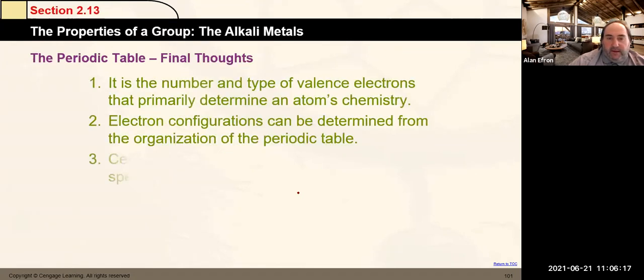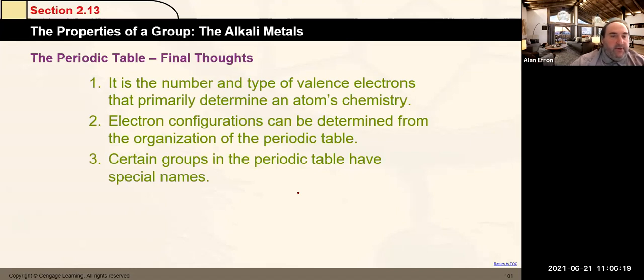So we talked a little bit about the periodic table and electrons. In general, the number and type of valence electrons primarily determine the atom's chemistry, as we'll talk about in the next chapter on bonding, and we alluded to in this chapter as well.